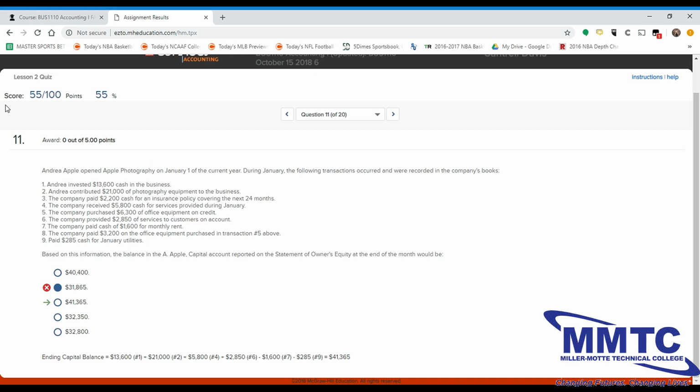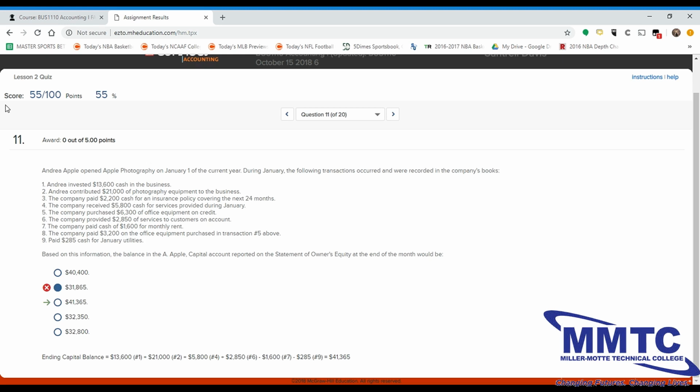We're waiting to record it. Everything else goes into the formula. So the formula should have been: Andrea Apple opened Apple Photography on January 1 of the current year. During January, the following transactions occurred and were recorded in the company's books.